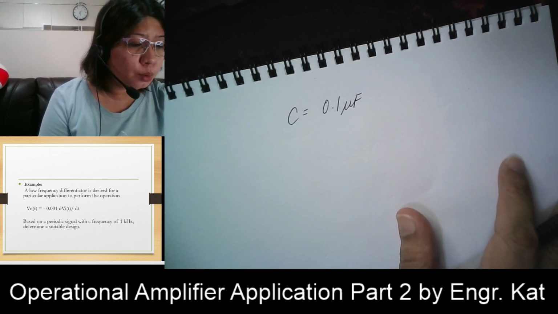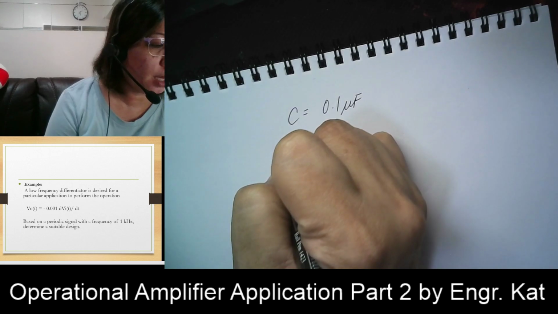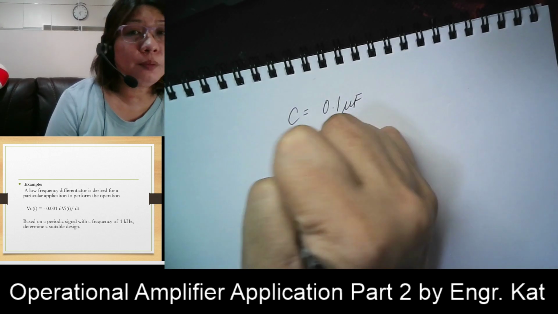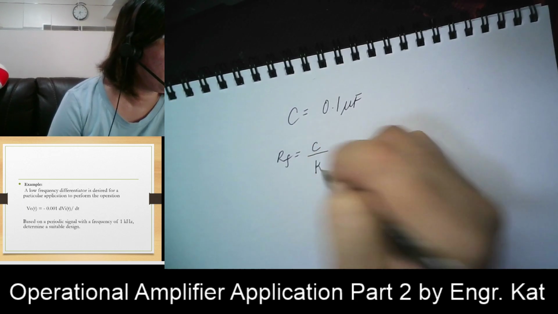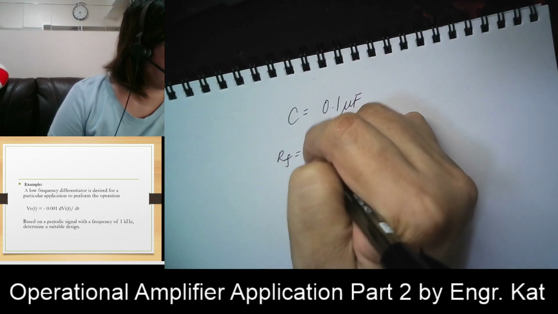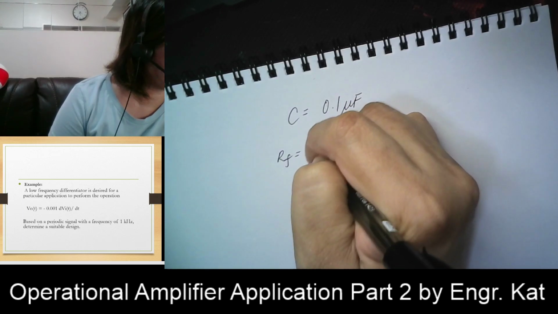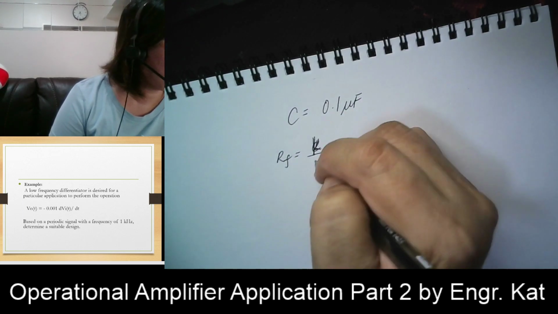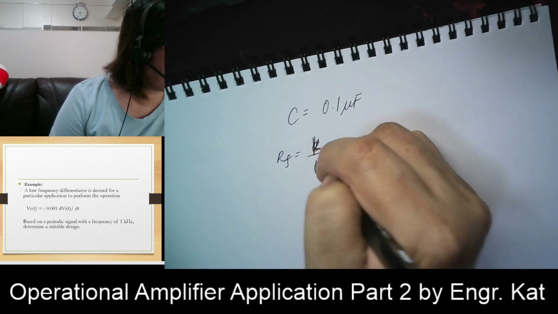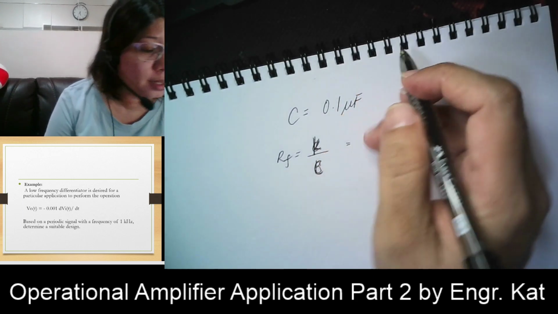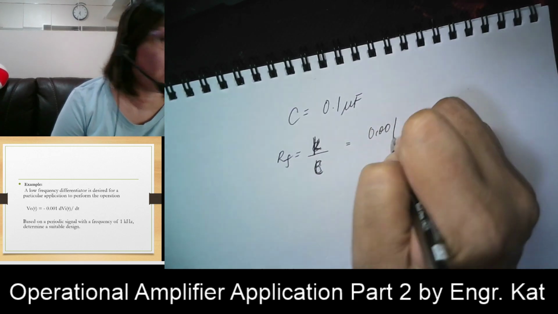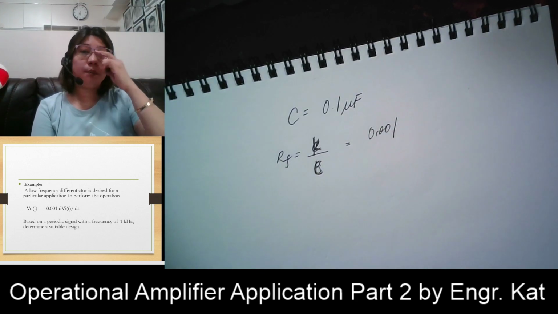So the first thing to do is to solve for RF. RF is equivalent to the scale factor K divided by my chosen value for the capacitor. It says in the problem that your K is equivalent to 0.001. So that is your scalar.